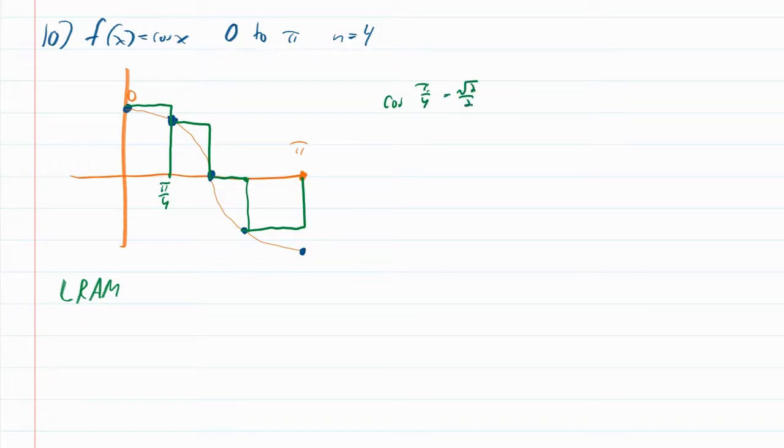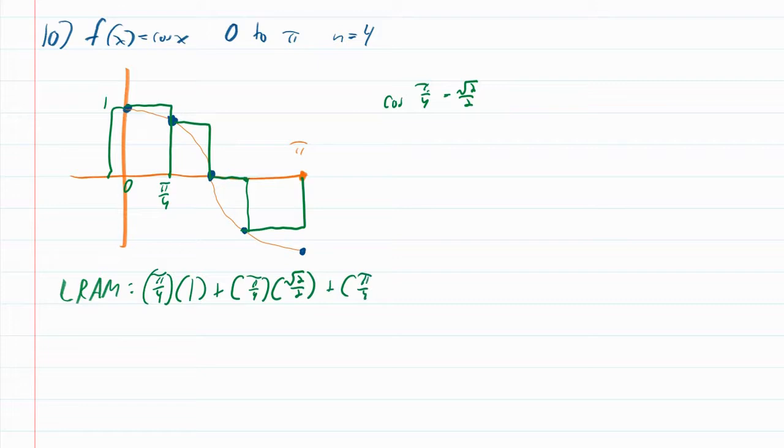And LRAM says that this is an area of pi over 4 times root 2 over 2, plus pi over 4 times, this is a height of 1. I drew the 0 there, but really that 0 should be down here. I should mark this as a height of 1. So my bad, this is pi over 4 times 1, plus then the width of pi over 4 times root 2 over 2. That'd be the next one.